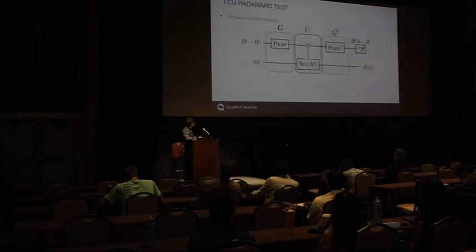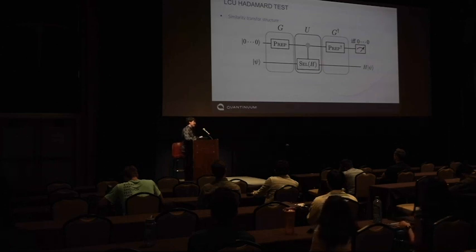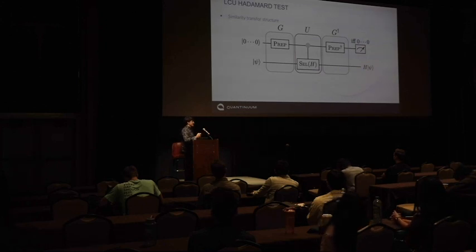It's a bit more instructive if you see. Again, this is why I was saying these similarity transform structures are so useful: you see them everywhere. They crop up in loads of places, and particularly when you're trying to do controlled operations with very complicated things, you can reduce the complexity massively this way.